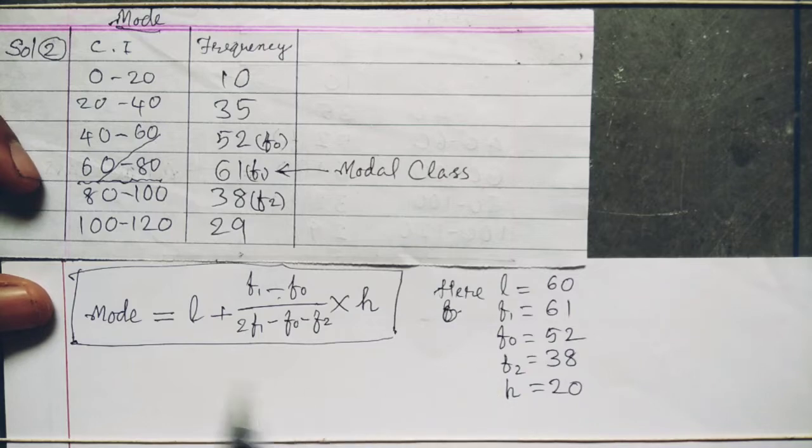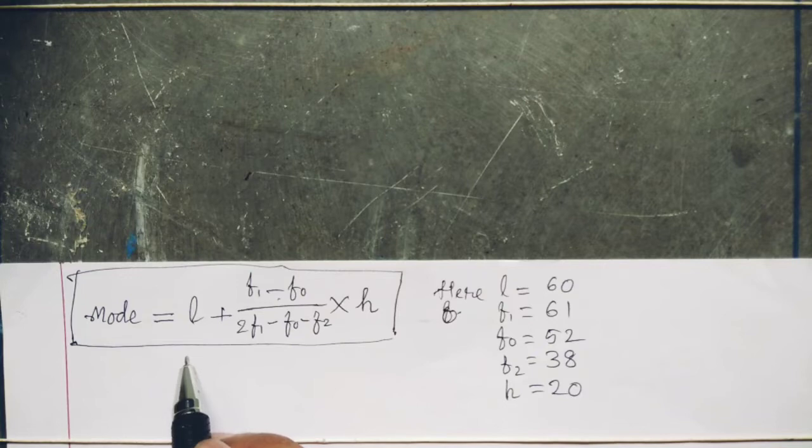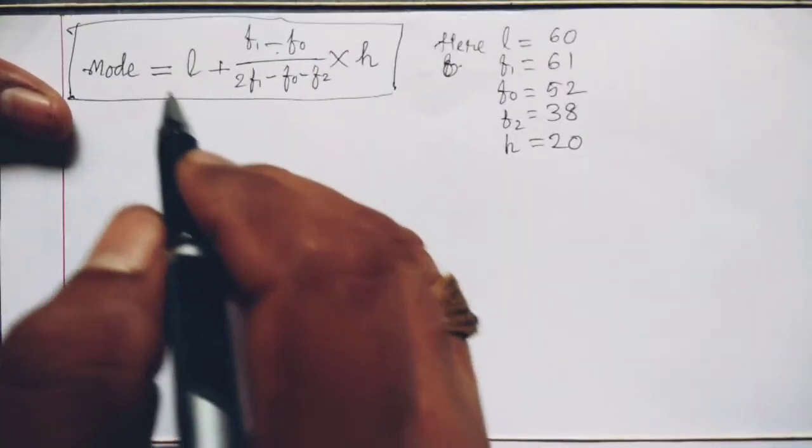So using these values we can find the mode by substituting values in this formula.